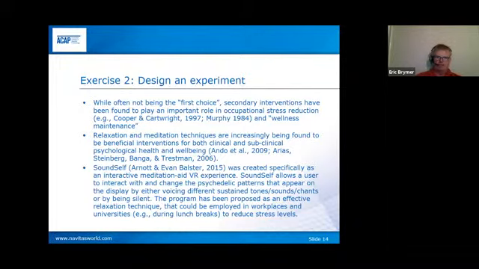Relaxation and meditation seem to be quite good. There's a new virtual reality program called Sound Self, which does actually exist, created specifically to allow people to use it through their lunchtime and in different ways. It's been proposed as pretty effective for relaxation for students and workers.